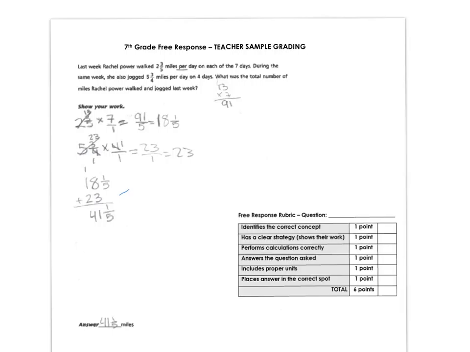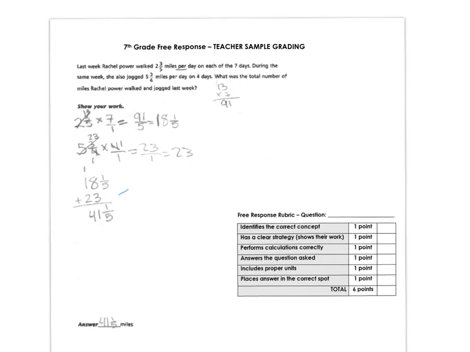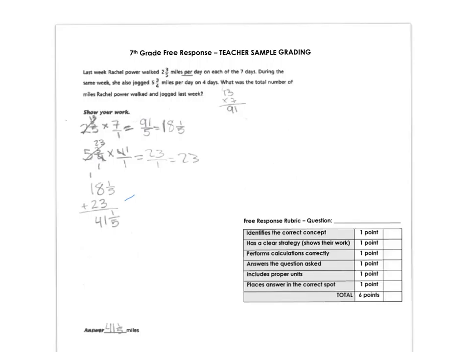The first thing I'm looking for is if the student identified the correct concept. If I'm looking at the student's work, I don't see many labels, but I am seeing the miles that Rachel walked here and the miles she jogged here.